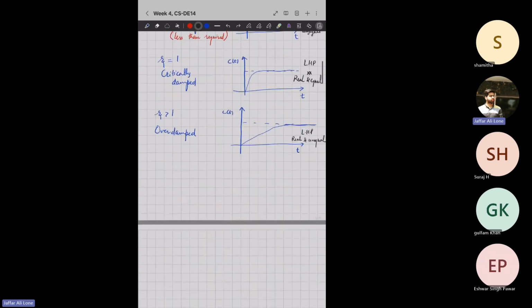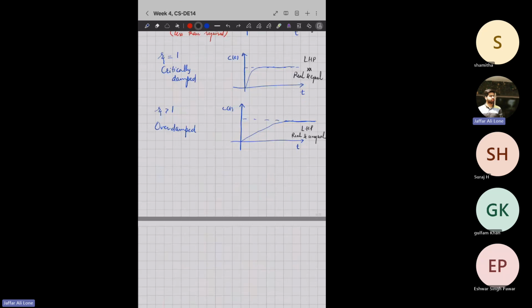The second type of questions are based on finding the performance specifications. For example, if you have an underdamped system, I'll just make the response of an underdamped system. Underdamped means there is less damping than is actually required.